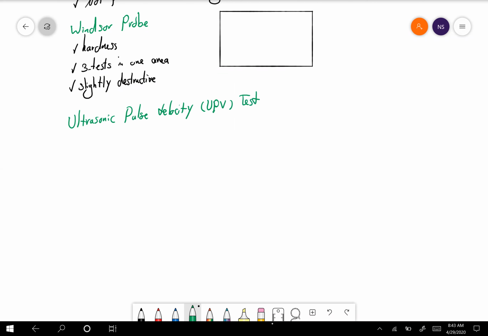Basically you are transmitting a pulse into the concrete surface and receiving the response of the pulse. And from the time that it takes for the pulse to transmit through concrete, you can correlate that with the modulus of the concrete and stiffness of the concrete.